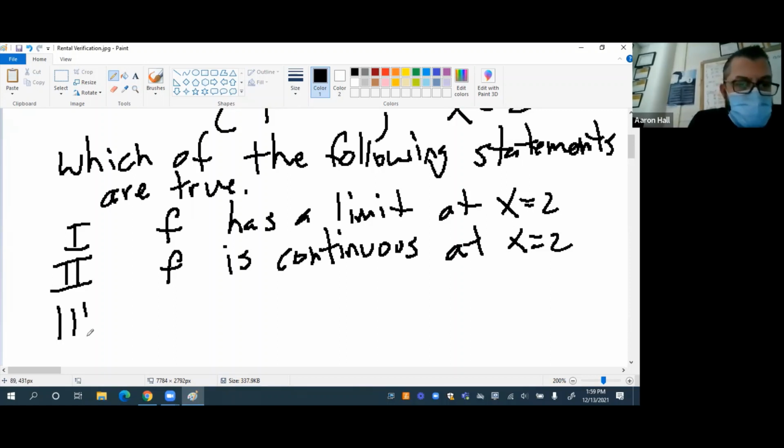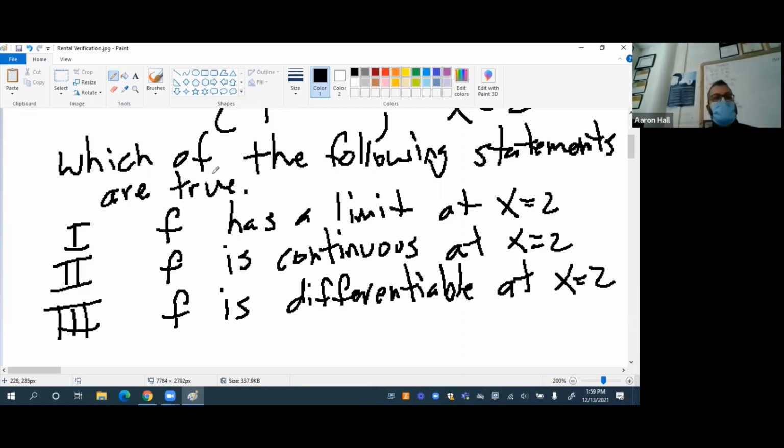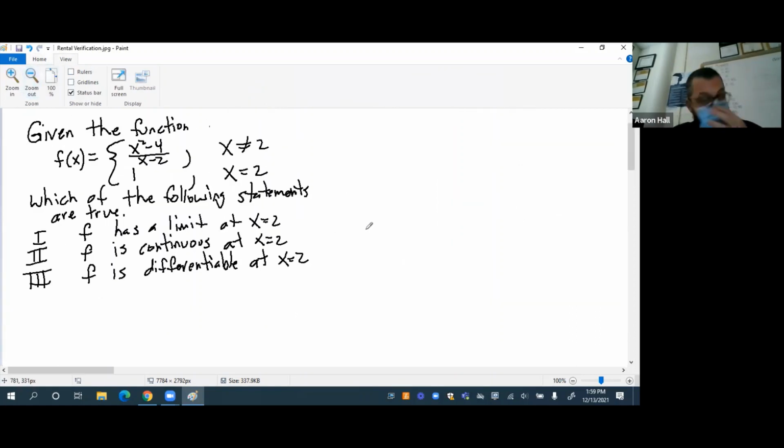And 3, f is differentiable at x equals 2. Okay, this is an AP question from a past test. We have 3 statements. I want to know which of those statements, if any, are true.